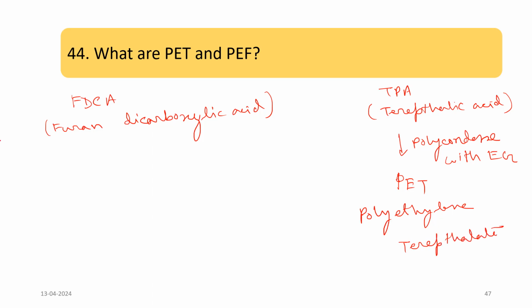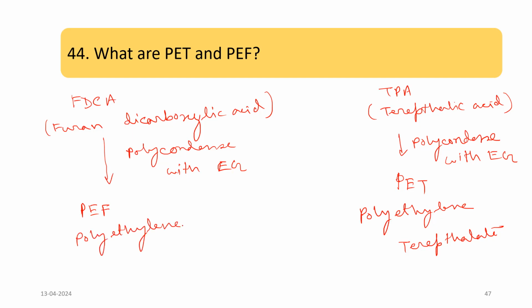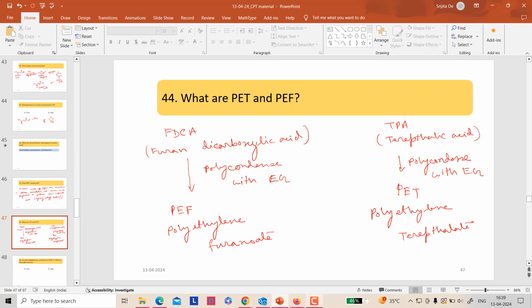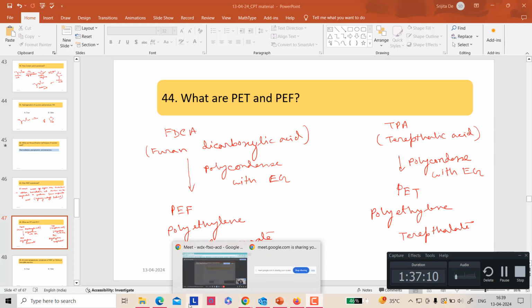Similarly, FDCA polycondenses with ethylene glycol and produces PEF, that is polyethylene furanoate. Okay. Also, there is an equation.